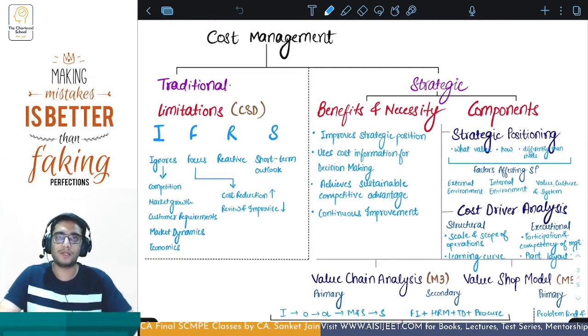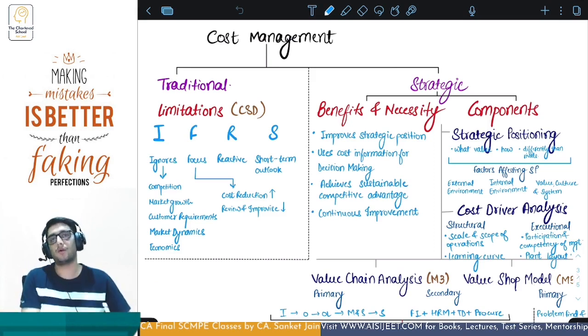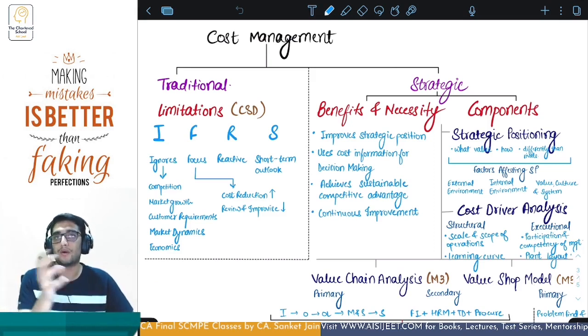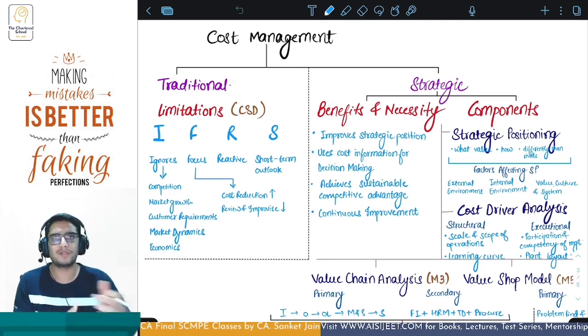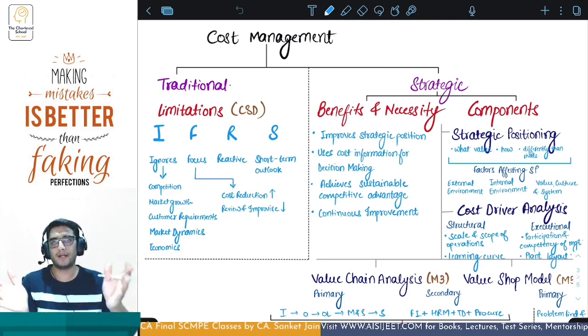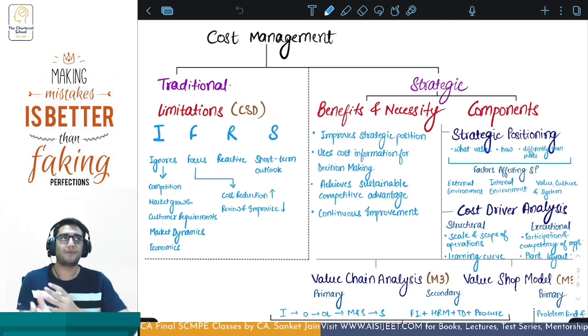So, cost management: there are two types. One is traditional, second is strategic. Under traditional cost management, we basically try to calculate the cost and allocate the overheads, mostly by simply dividing the overheads between the products on an equal basis.